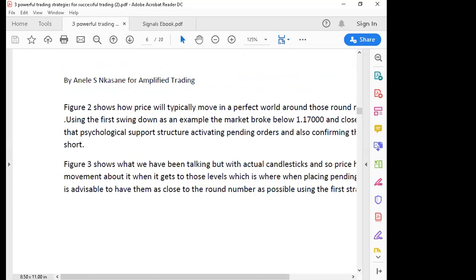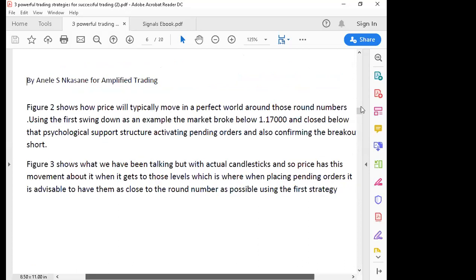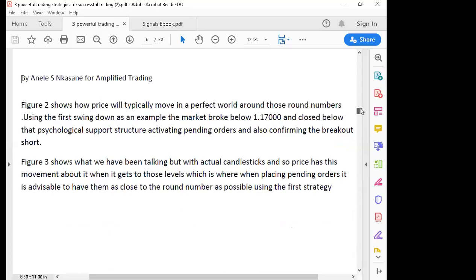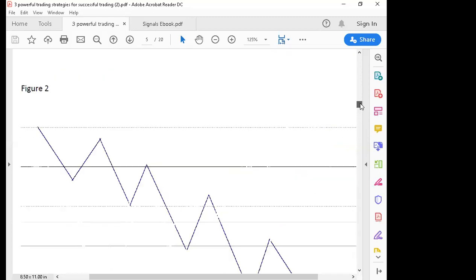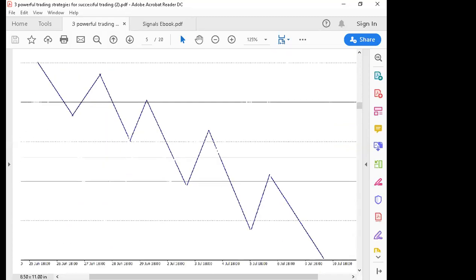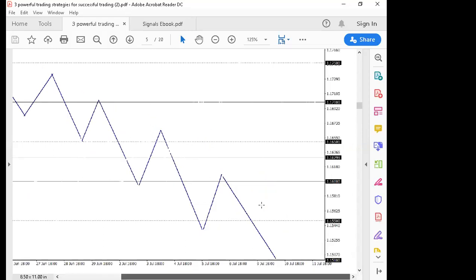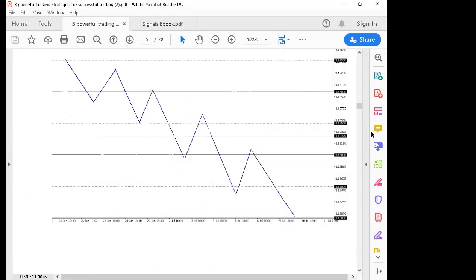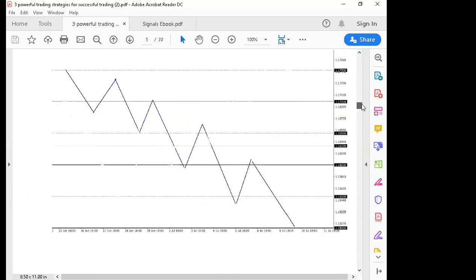Okay. Now, guys, excuse my document. I mean, it's not perfectly made. So I think I skipped, boom, figure 2. Right now, this is the same chart, right? This is that Euro USD, but now let's just zoom out just a bit so we can see the entire document. Okay.